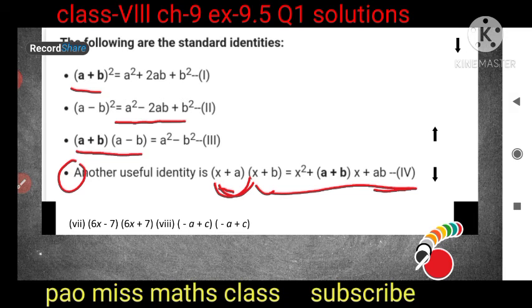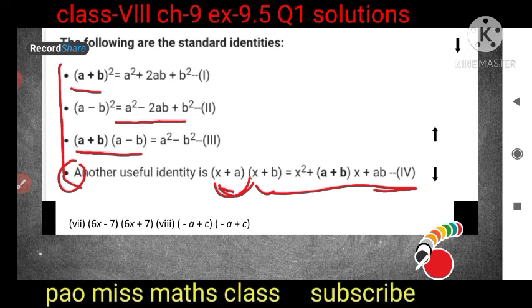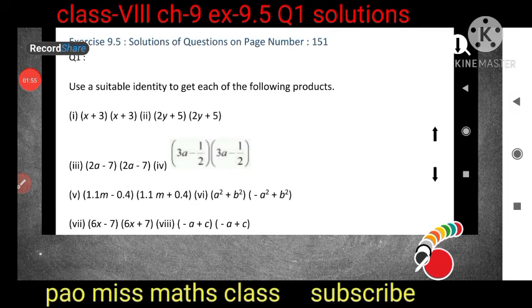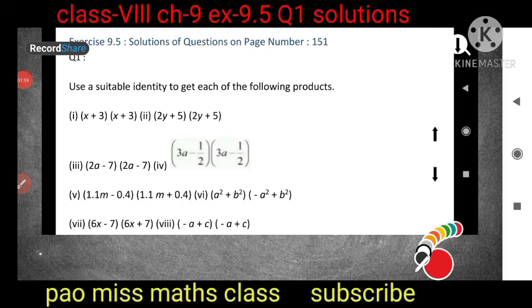For this class you have to learn these 4 identities by heart. Using these we have to solve exercise 9.5. Please learn all the identities by heart.